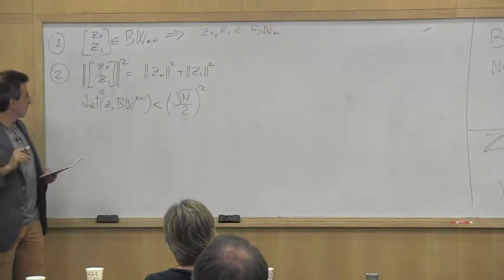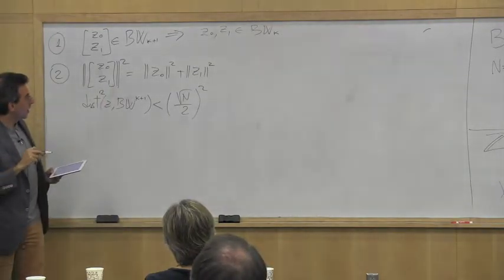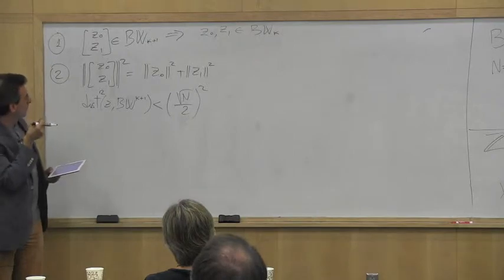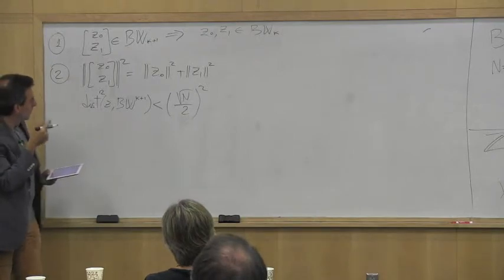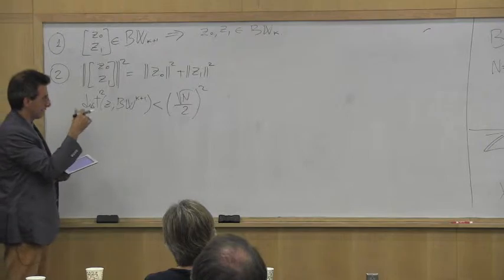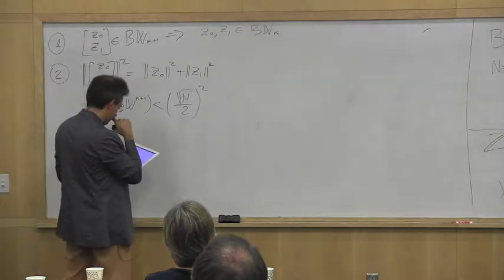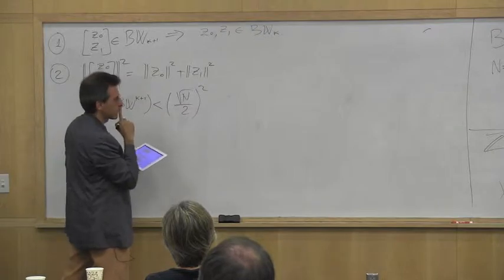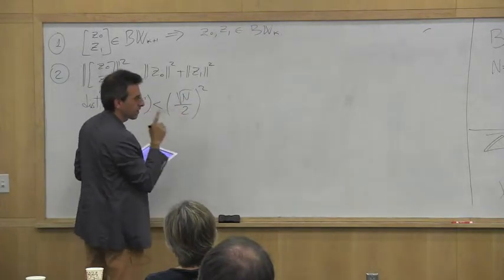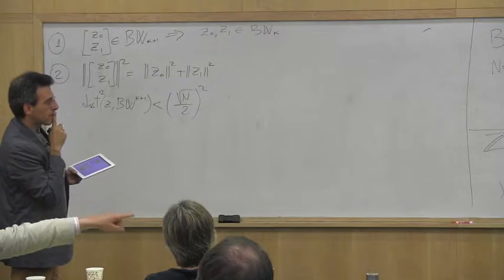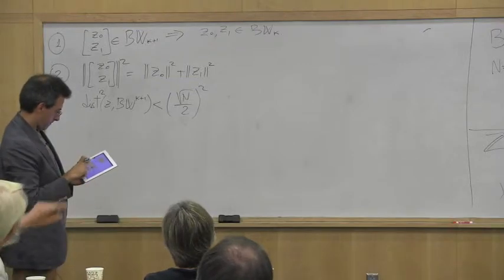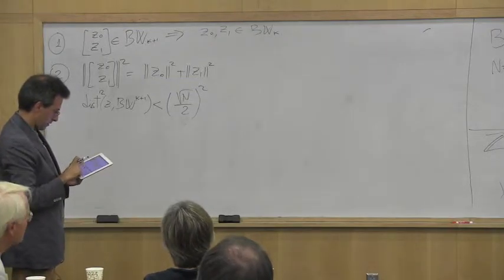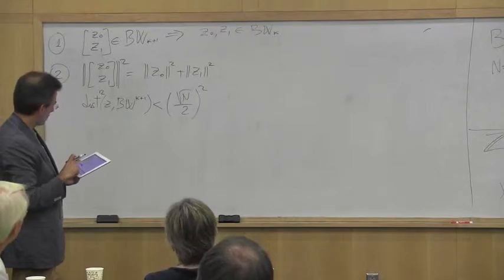What is n here now? 2 to the k plus 1? Yes. No, what is your capital N? Since over there it was 2 to the k, but now it seems to be 2 to the k plus 1.